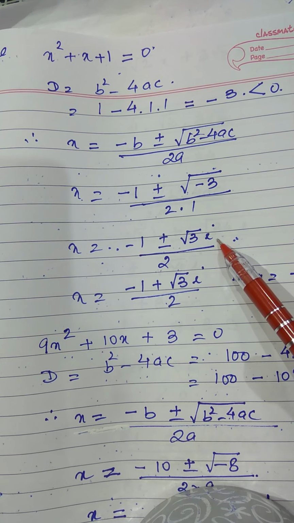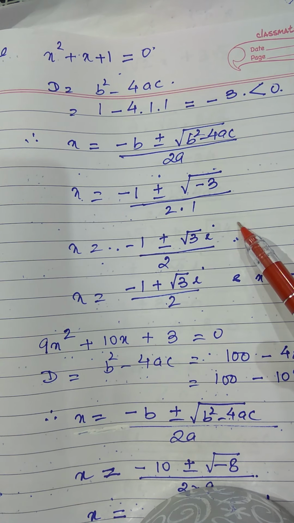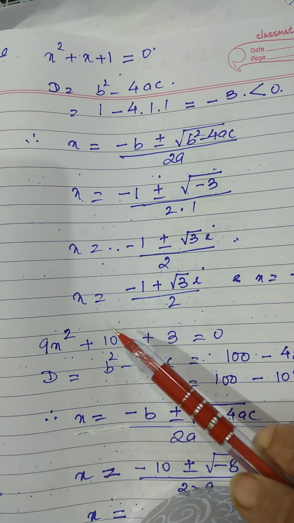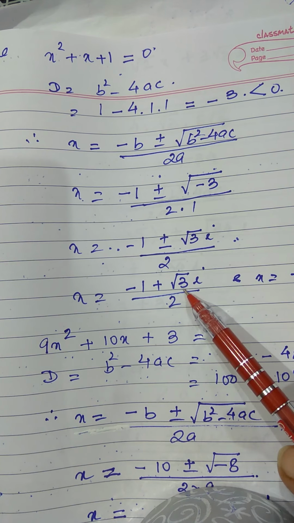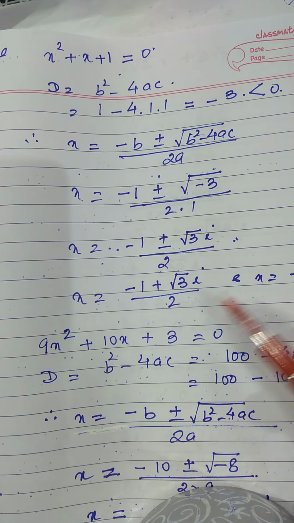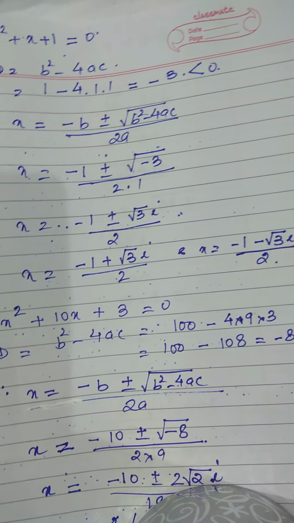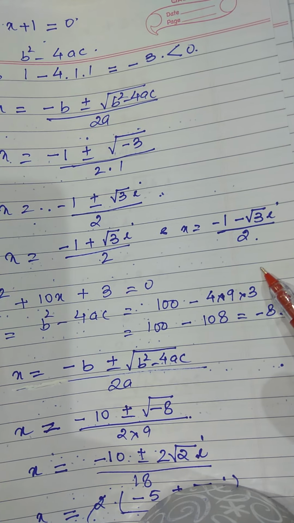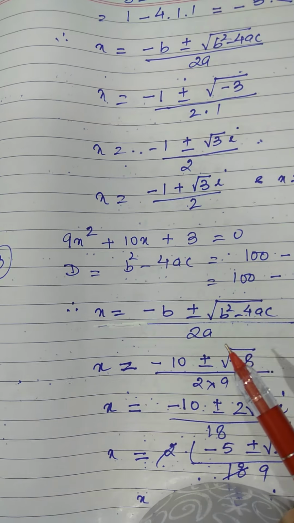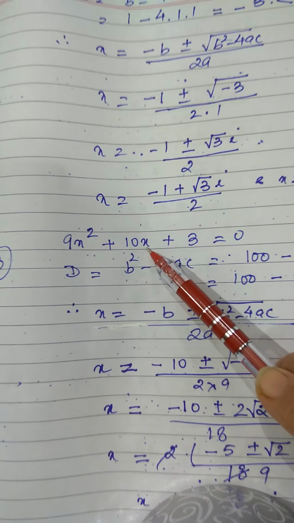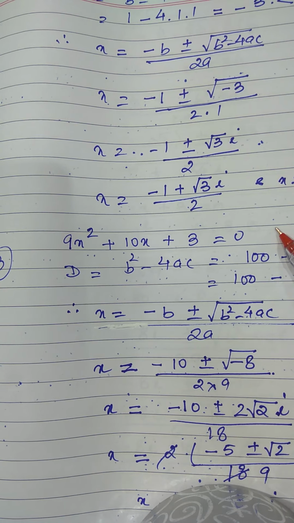Root minus 3 can be written as root 3 iota. So x is minus 1 plus root 3 iota upon 2 and x is minus 1 minus root 3 iota upon 2.